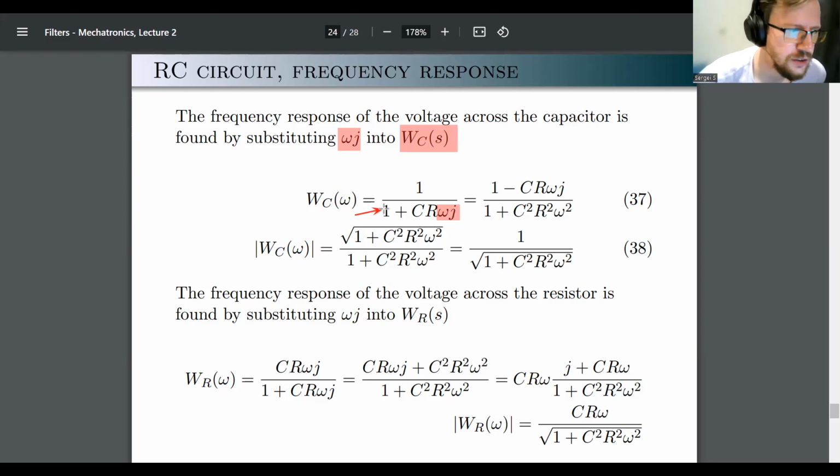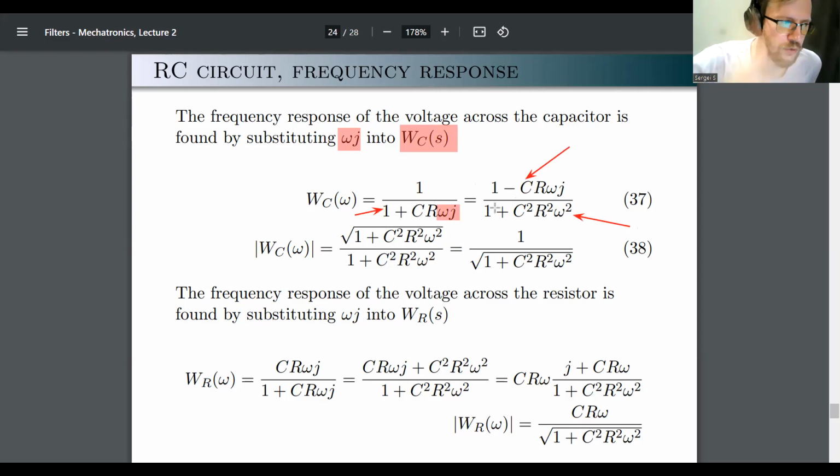We call it conjugate, right? The same expression, but opposite sign here, which would give us 1, since it is opposite sign, we have a minus sign here, but this will be squared, so it will be plus sign in the end. So this is what we have, right? 1 plus c squared, r squared, omega squared. And this is what we multiplied by.